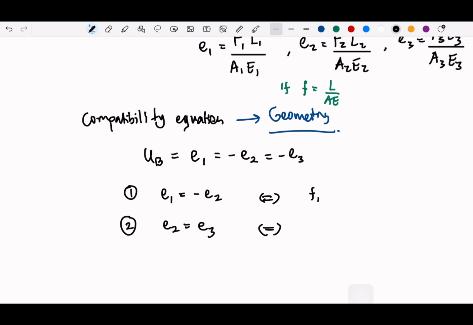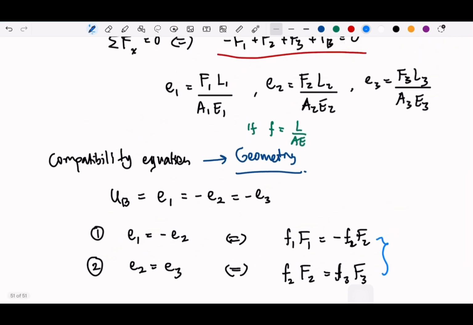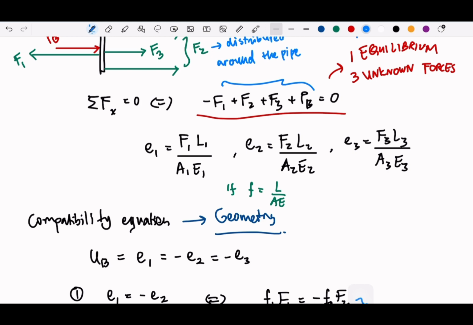So E1 is F1 times its flexibility, and E2 equals E3, with F2 and F3 times their flexibilities. Similarly, these two can be used for solving this.